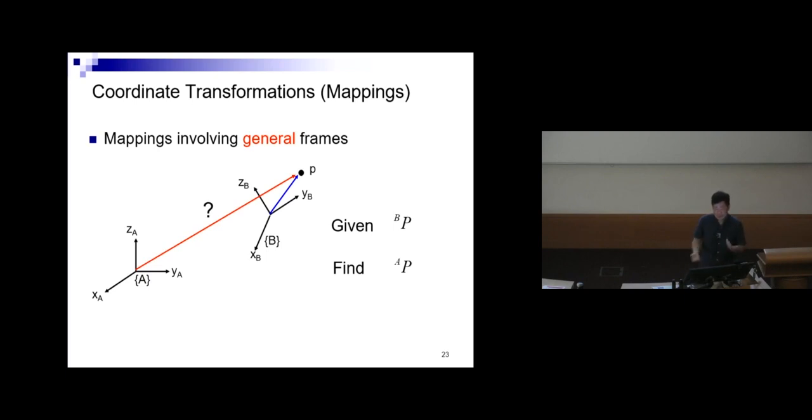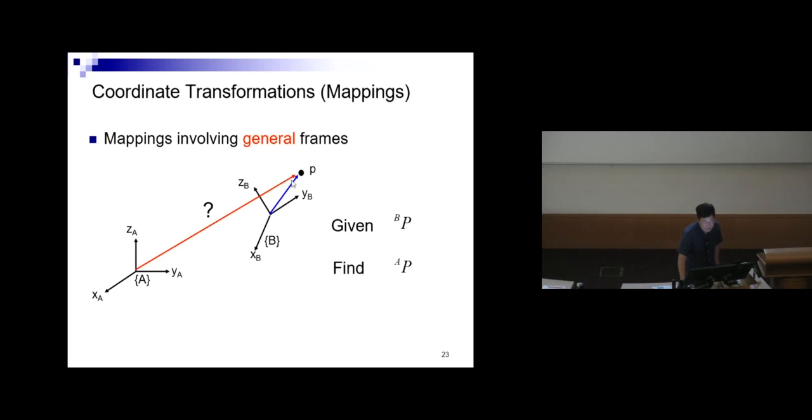What about a general frame? A general frame means that B will have an orientation as well as a translation, just like the first example that we used. So in this case, I'm given BP. This P, BP, is the coordinates we refer to with respect to coordinate frame B. So I'm given BP, and I want to find AP.